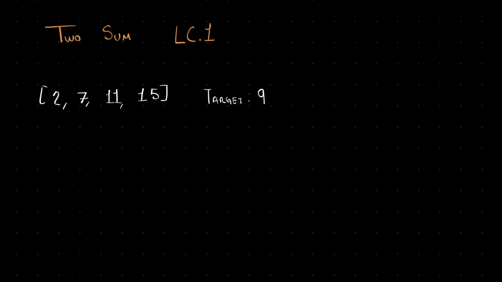So this is very straightforward. We have two numbers, which are 2 and 7. So 2 plus 7 sums to 9, and that's the answer it is looking for. And we are expected to return the indices of these numbers. And the indices are just the positions of these numbers in the array.